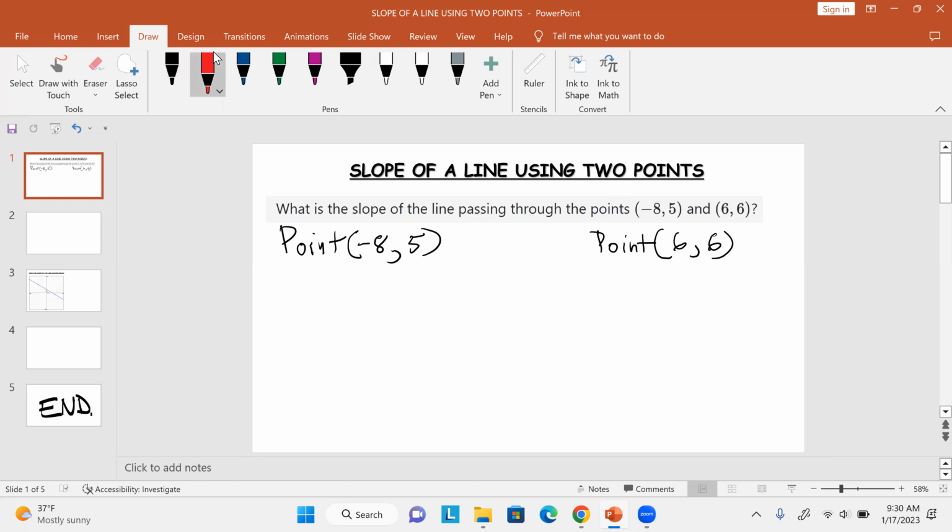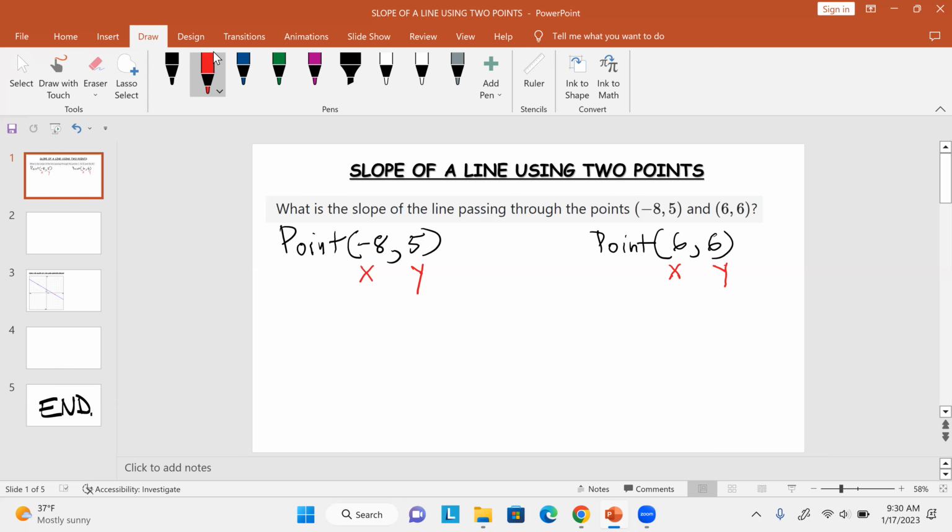The -8 represents the x value of this point and the 5 the y value. Same thing for the other point, we have x and y, and they always have to be in this order.